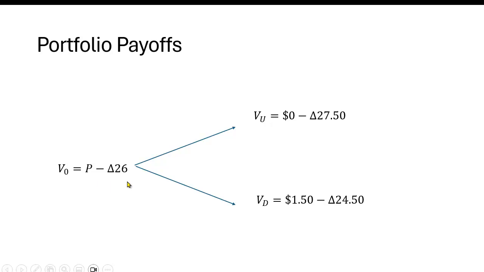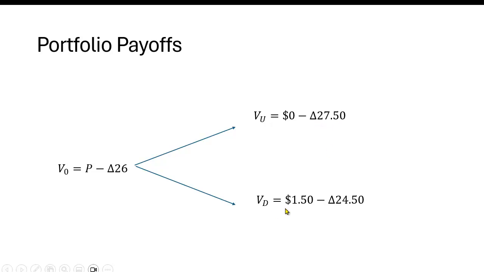This is what the portfolios look like at time 0 and in the up state and the down state. The value today is the value of the put minus delta times the price of the stock. Remember, you've sold short the stock, so that's why you're subtracting it. In the up state of the world, the value of the put is 0 minus delta times the price of the stock.